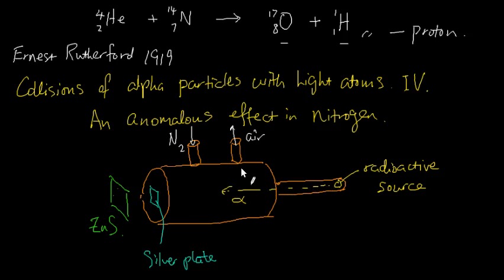It doesn't actually spread out so much, because those that spread out will be blocked by this long tube. So we expect that there's quite a narrow beam of alpha particles coming through, and that whatever the little spots of light that are produced here are probably somewhere around the middle.